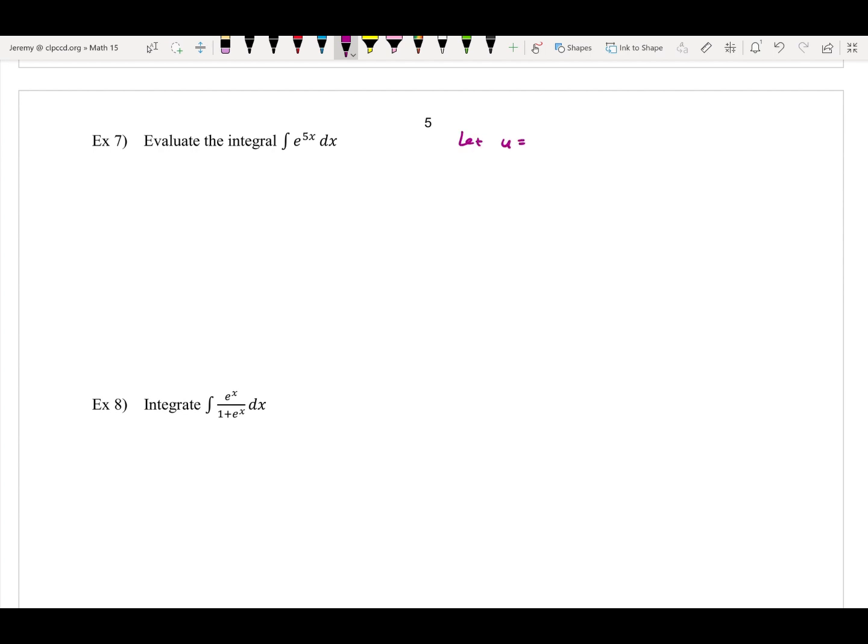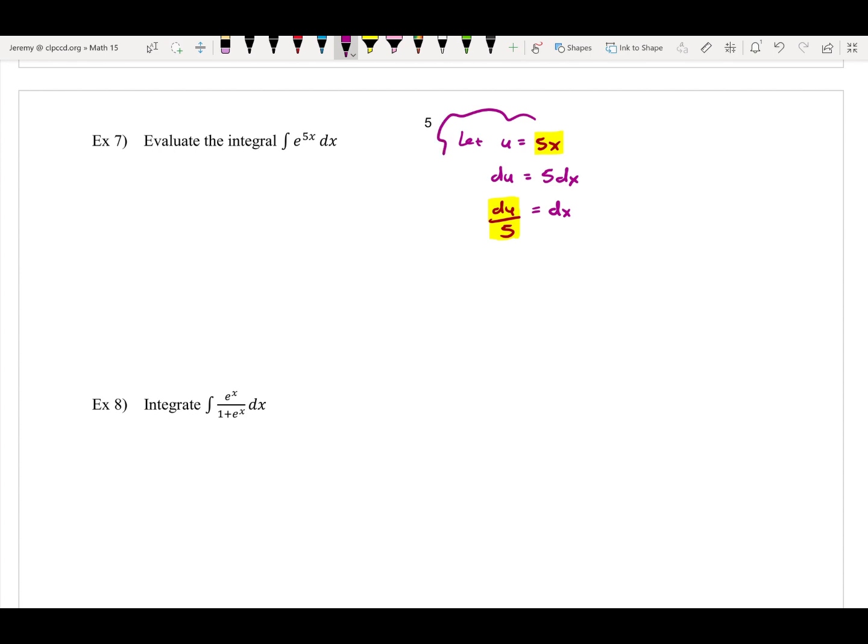let u be the inner function that we have here, which is 5x. So then du is equal to 5 dx, and I could solve for dx. Right, so 5x is going to get replaced by u, and then in for dx, I'm going to put du over 5.